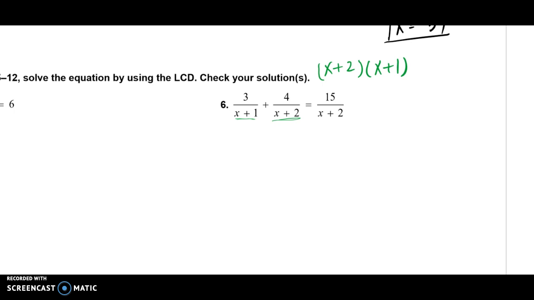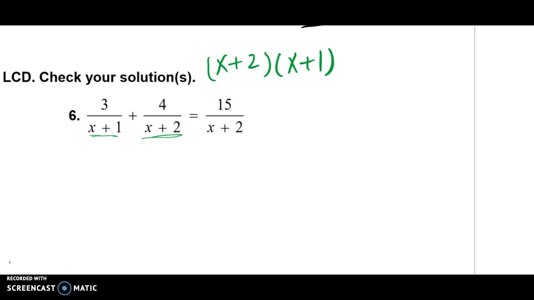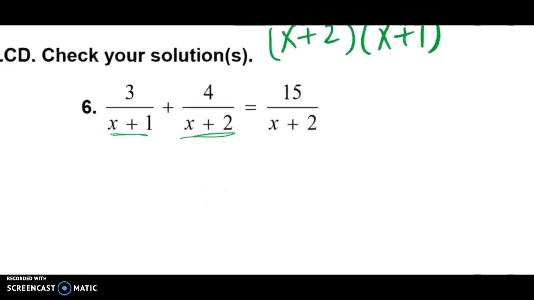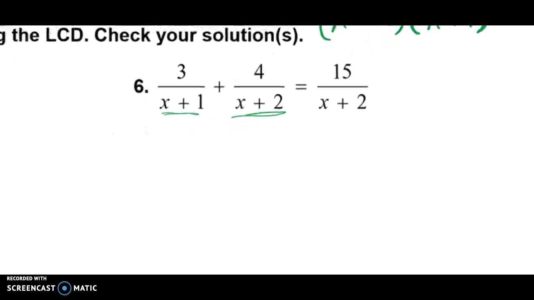This is similar to what we did last set of notes, but this time I want you to only multiply the top by our least common multiple, or in this case the least common denominator.